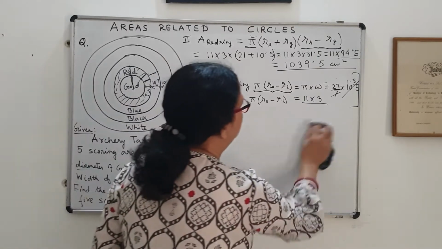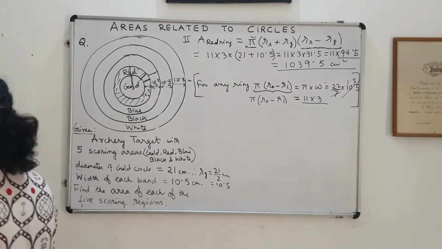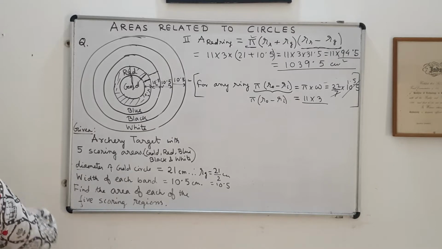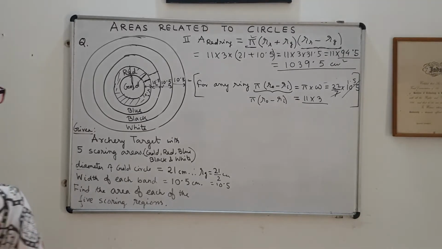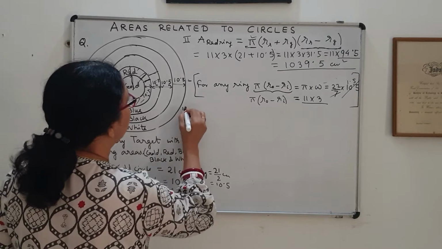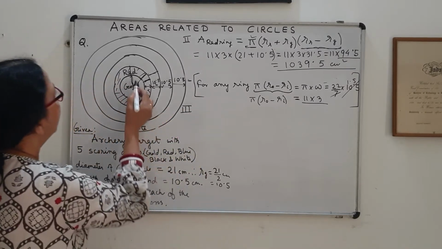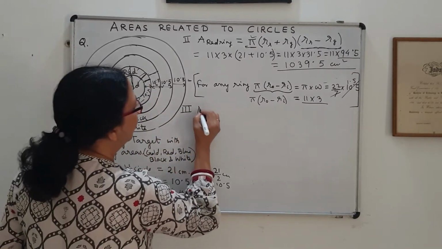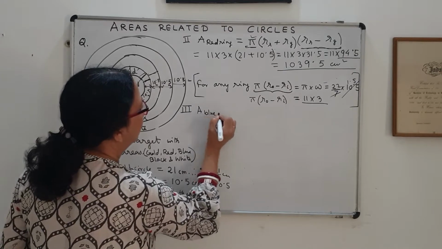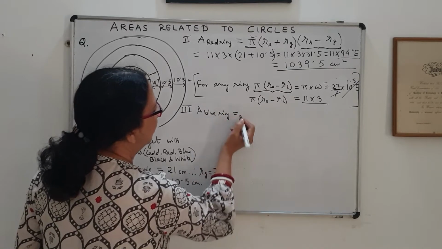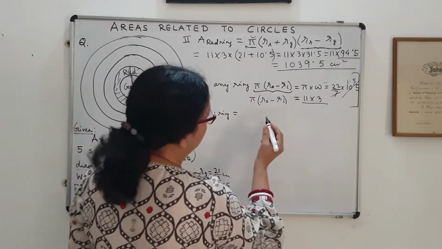Now we will go for the next scoring region, the third scoring region. After red there is blue, so the area of the blue ring. Same formula, you know.